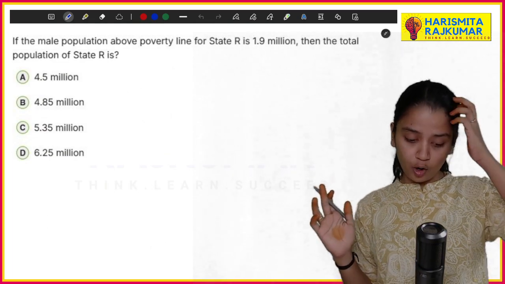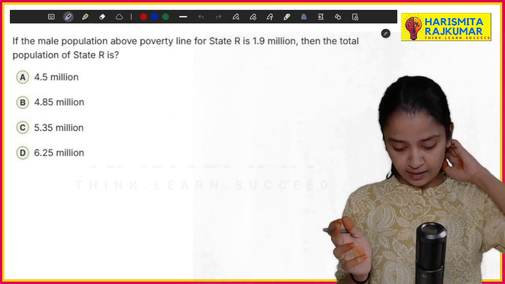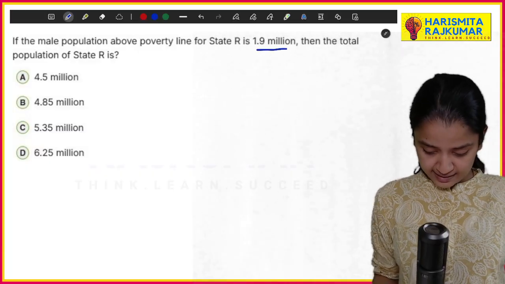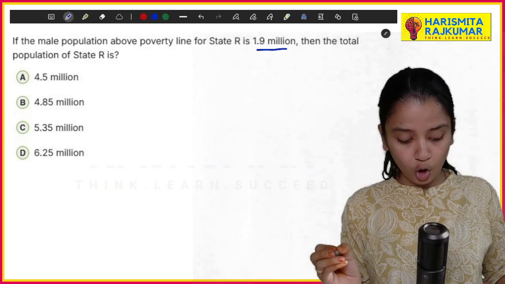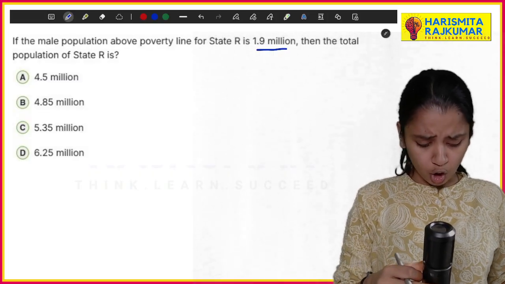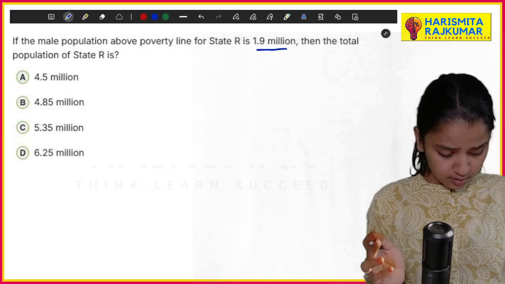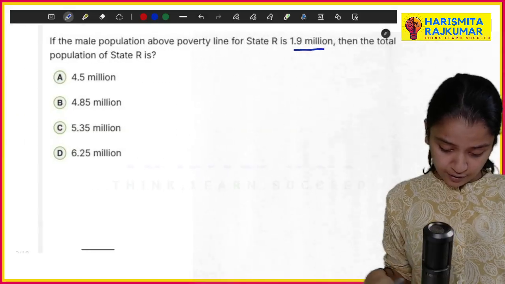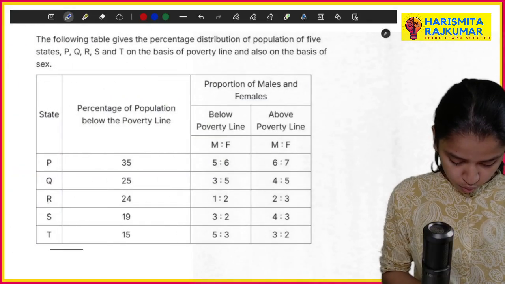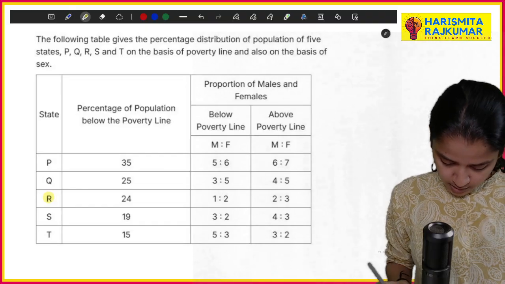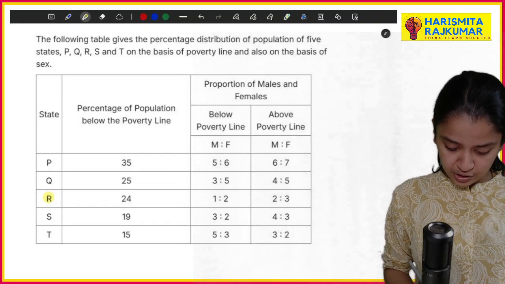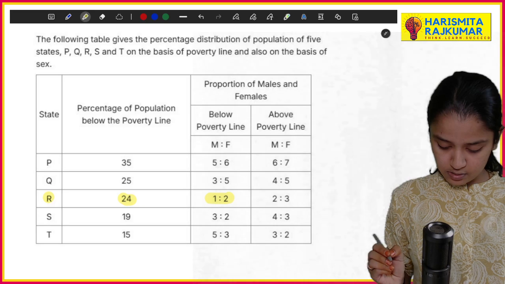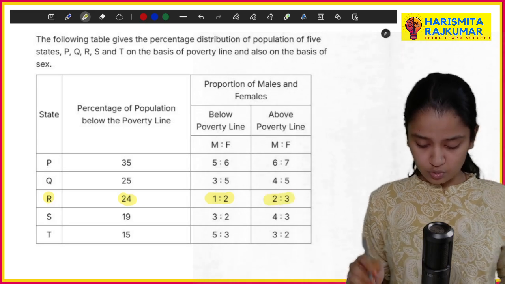If the male population above the poverty line for state R is 1.9 million, then what is the total population of state R? See, for state R, the percentage of population below the poverty line is 24%, the ratio below is 1:2 and above is 2:3.